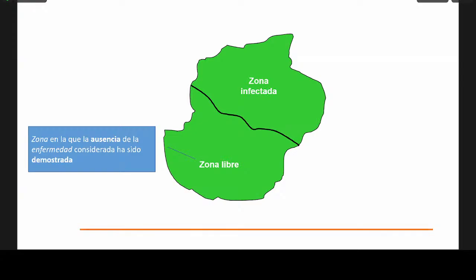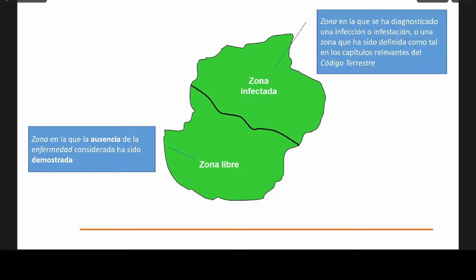The use of the word demonstration in this definition is very important because it implies that we need to have epidemiological surveillance and a series of actions in order to be able to base this declaration of a free zone.